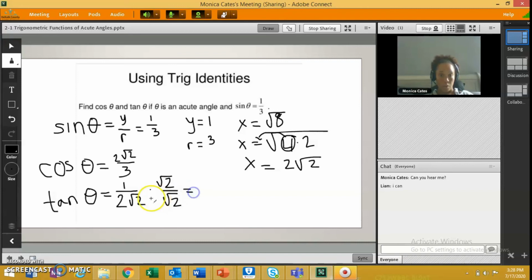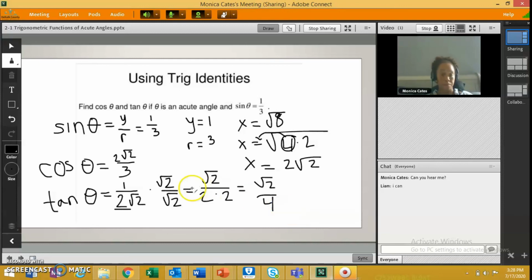But I can get rid of my radical in the denominator. So I get square root of 2 just at the top. Over, well, root 2 times root 2 is 2, right? So I have 2 times 2, because I already have this 2 here. So I get root 2 over 4. Is that okay?